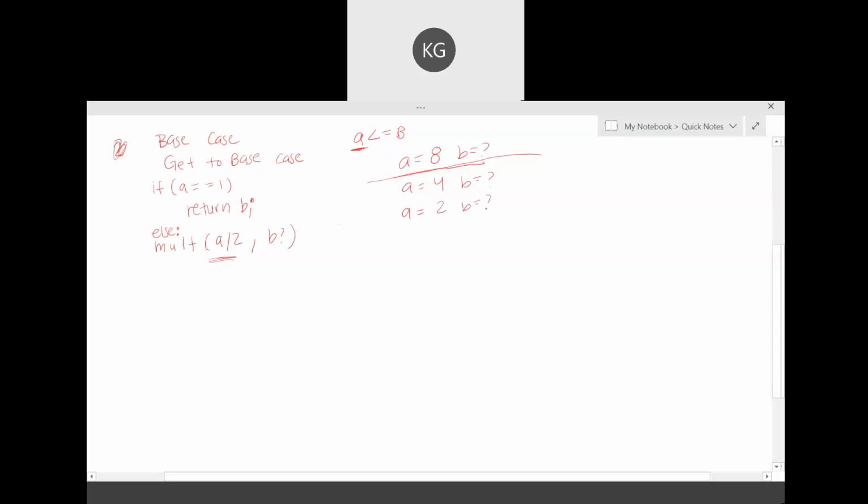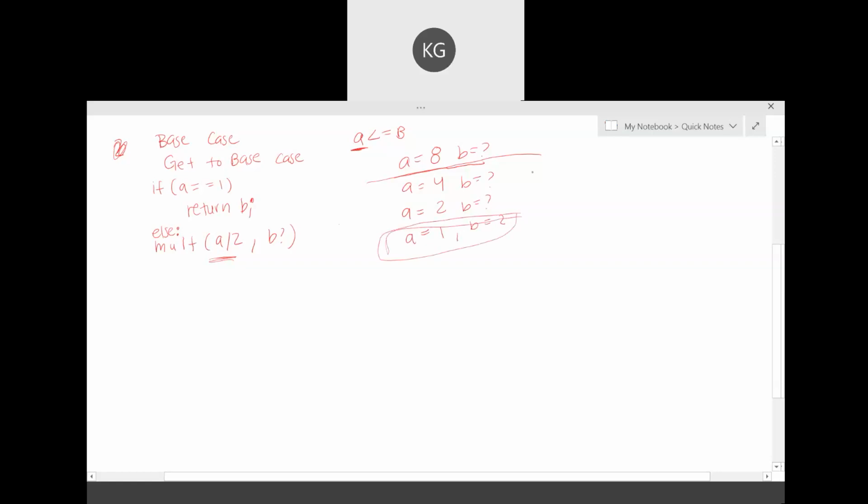And then what is the last one going to be? Yeah, it's going to be A equals 1, and then B is whatever. So now we got to our base case where A is equal to 1, so the function's going to end.